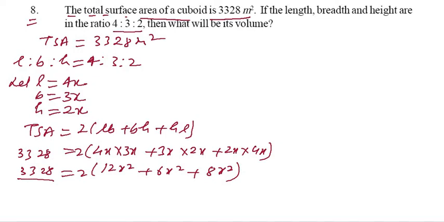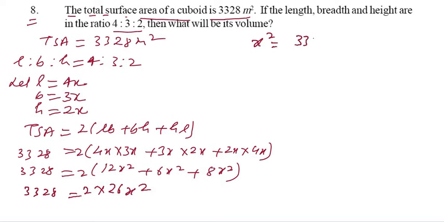So 3328 is equal to 2 into 26x square. You can say 12 and 6 is 18, 18 and 8 is 26. So you can calculate the x square. x square is equal to 3328 divided by 2 into 26.